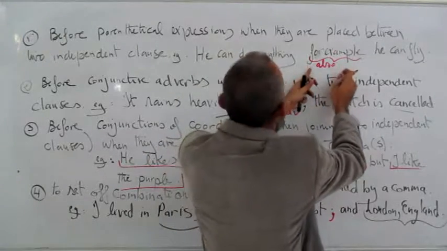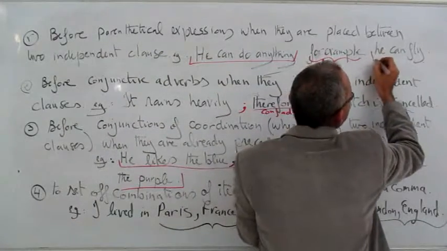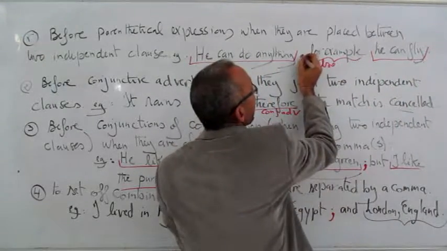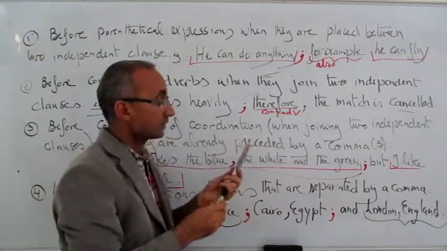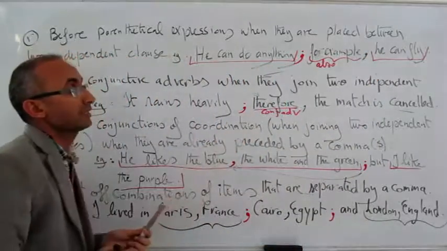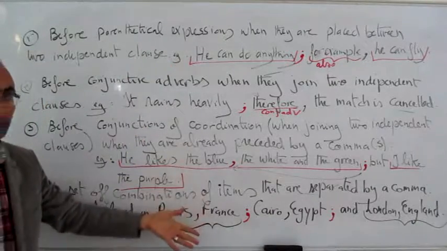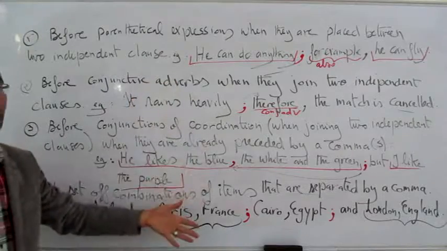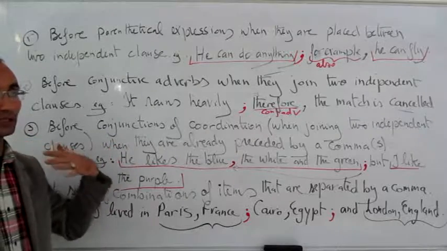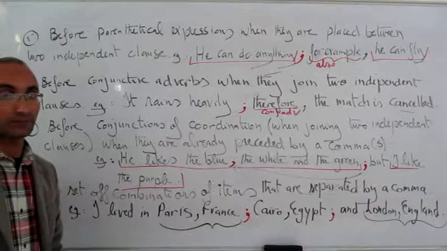Here it joins what? An independent clause to another independent clause. So here it must be preceded by a semicolon and followed by a comma, like the case of the conjunctive adverbs. So here are the 5 cases or rules which govern the use of the semicolon, and that we should take into consideration whenever we want to guarantee sound academic writing.